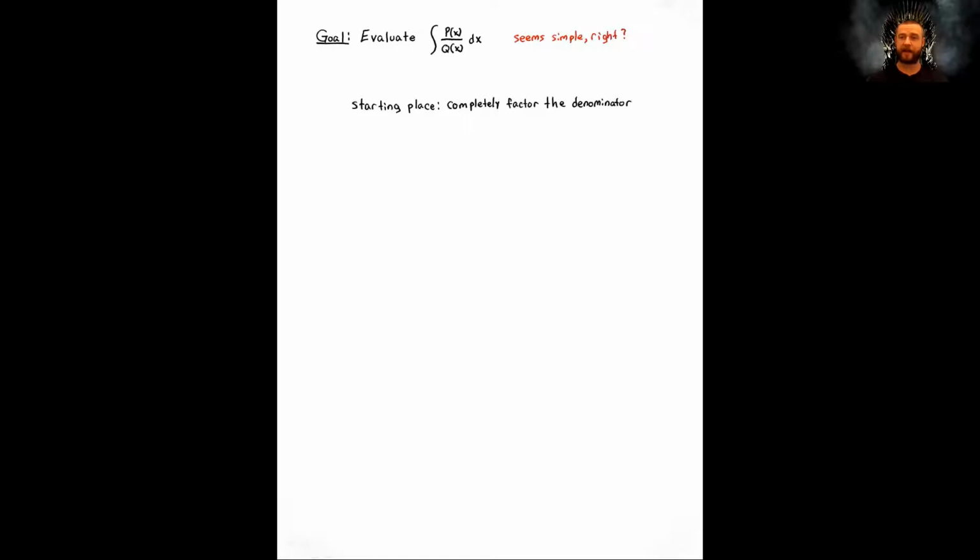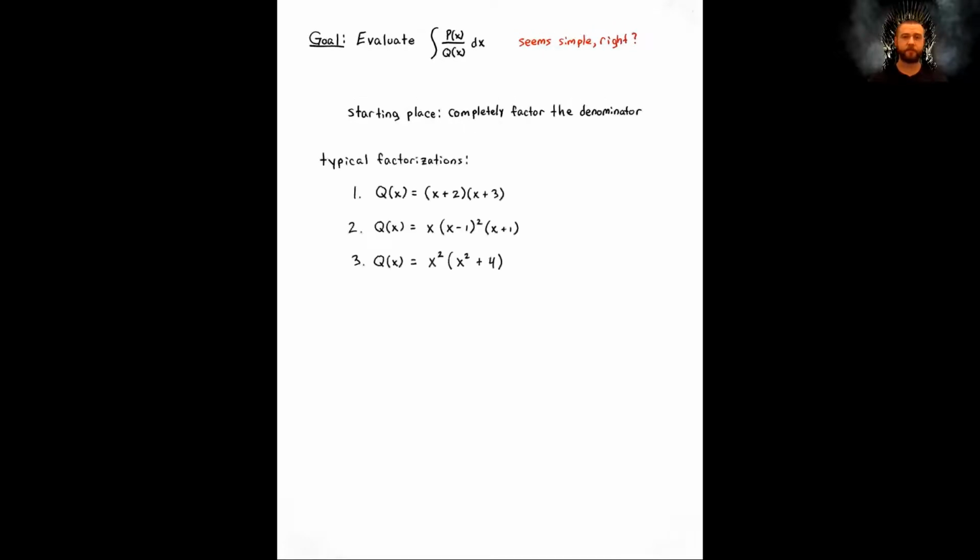So we're going to emphasize that as we go through problems. We have some typical factorizations here, q of x denoting our rational function's denominator. Here are some standard factorizations. Just so you're aware of where typical problems lie, factoring could be a problem for a typical Calculus 2 student. If you feel at all weak on factoring, that's a great thing to ask about during office hours and follow up on.